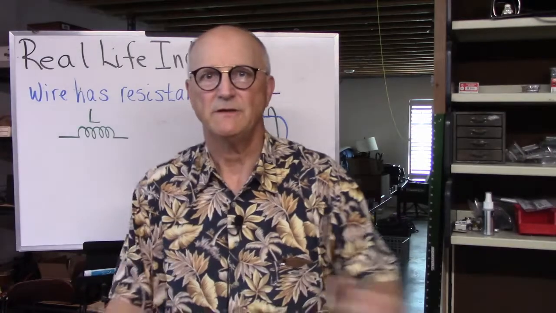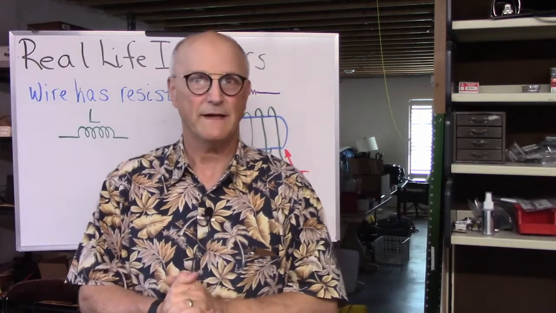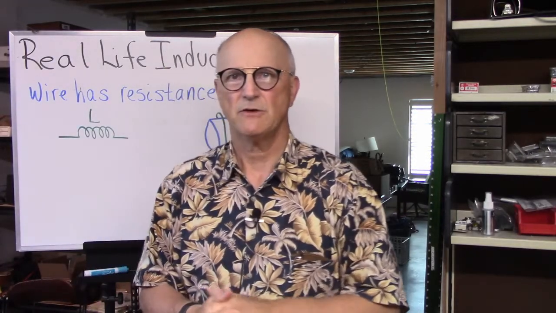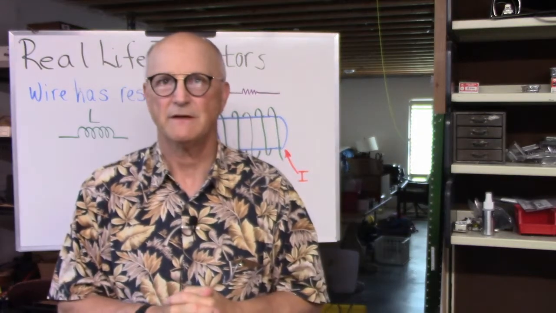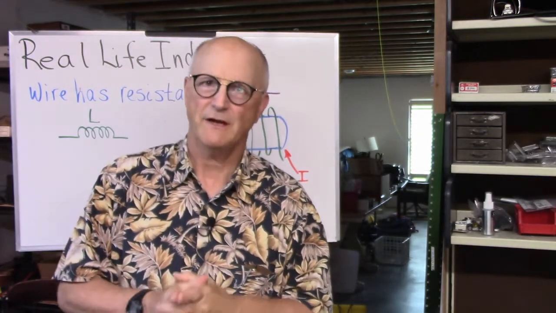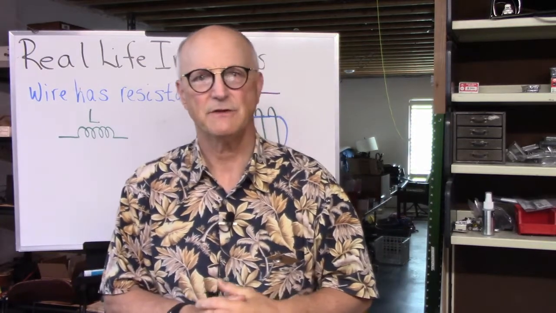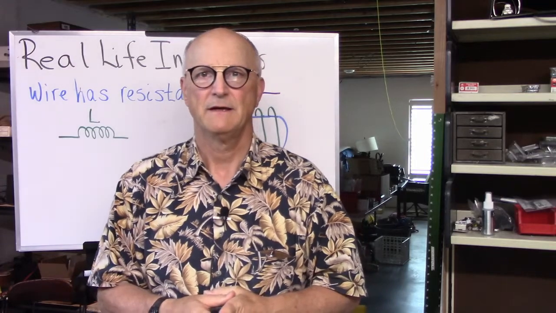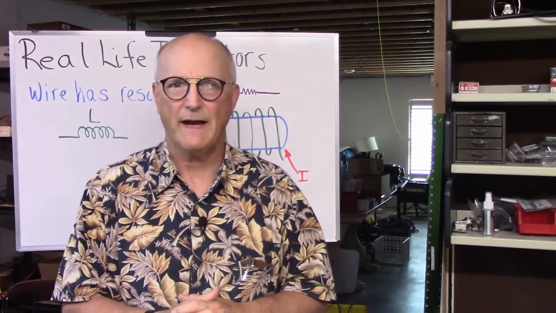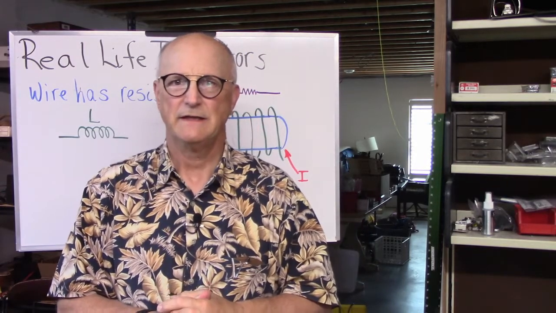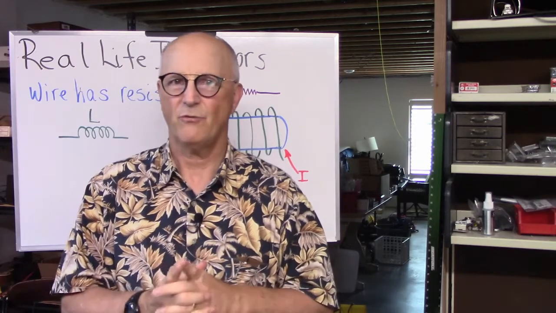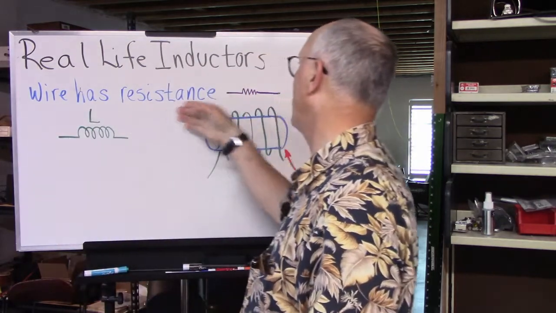And so now we get to discover real-life inductors. So far we've been talking about perfect inductors, but real-life inductors are made with real-life materials and as such do not entirely behave as a perfect inductor. Now, at the very center of the reality of real inductors is the truth that a piece of wire has a finite amount of resistance.